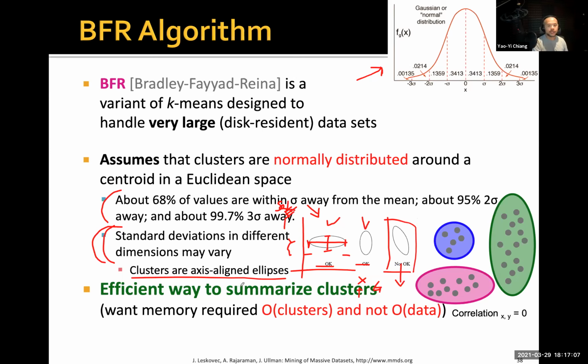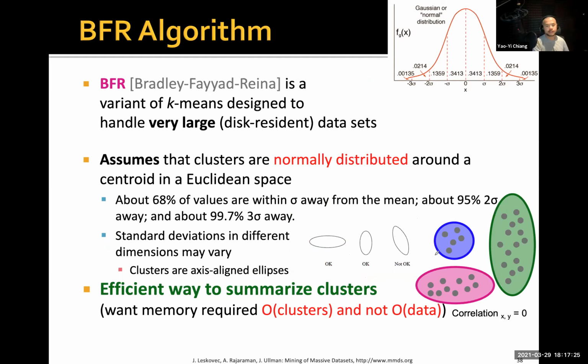Every axis aligned ellipse like this one and this one, the correlation between your 2 variables are 0. That means the 2 variables can be independent. They are not necessarily independent, but they can be independent. So this is a hard criteria for the data set.